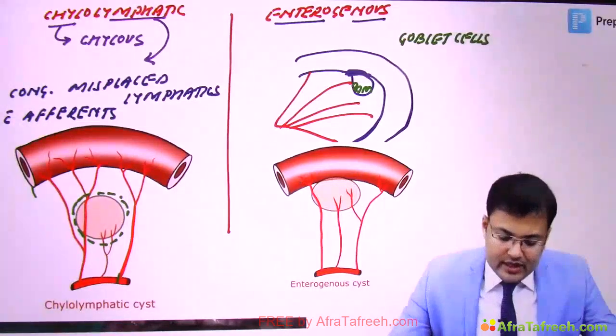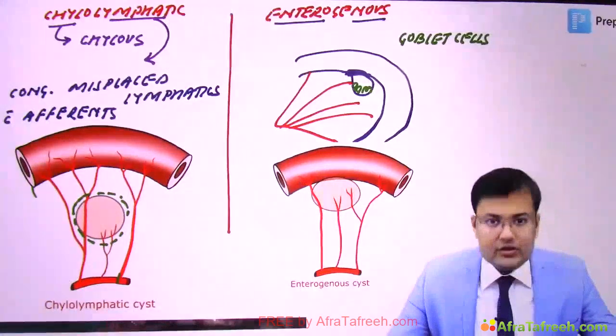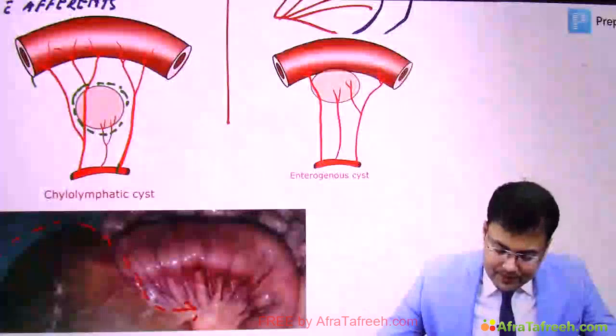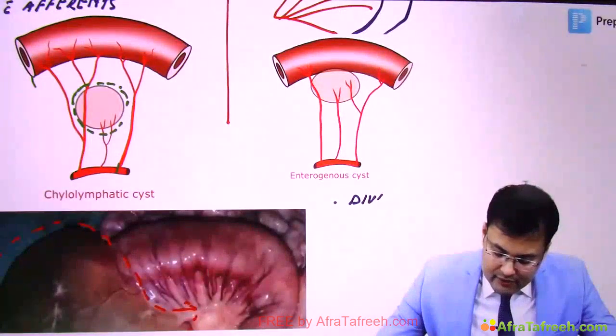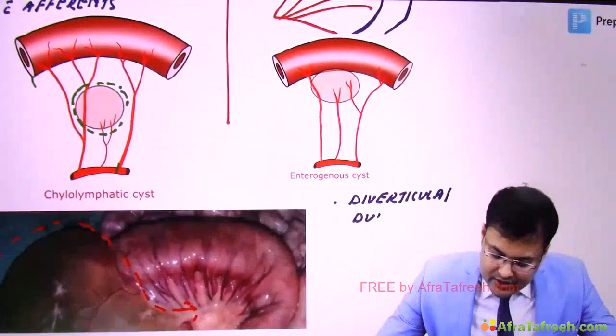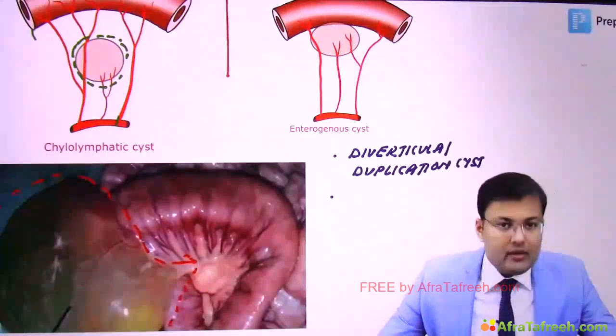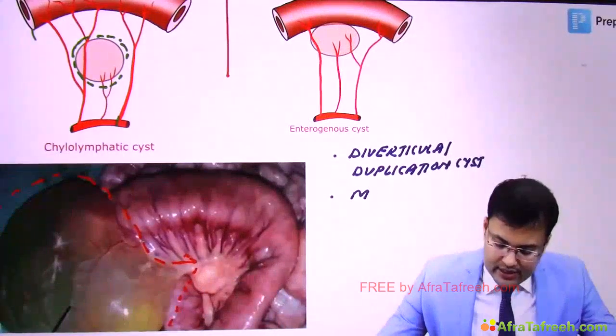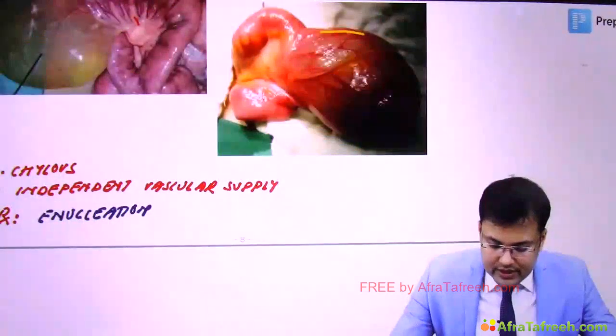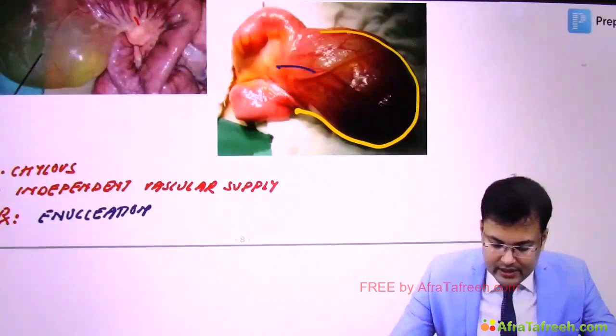Clear? So see the important points related to enterogenous cyst. It arises from either diverticular or duplication cyst. In relation to small intestine, there is mucinous content. If you see the cyst, this wall is shared and simultaneously there is shared vascular supply also.